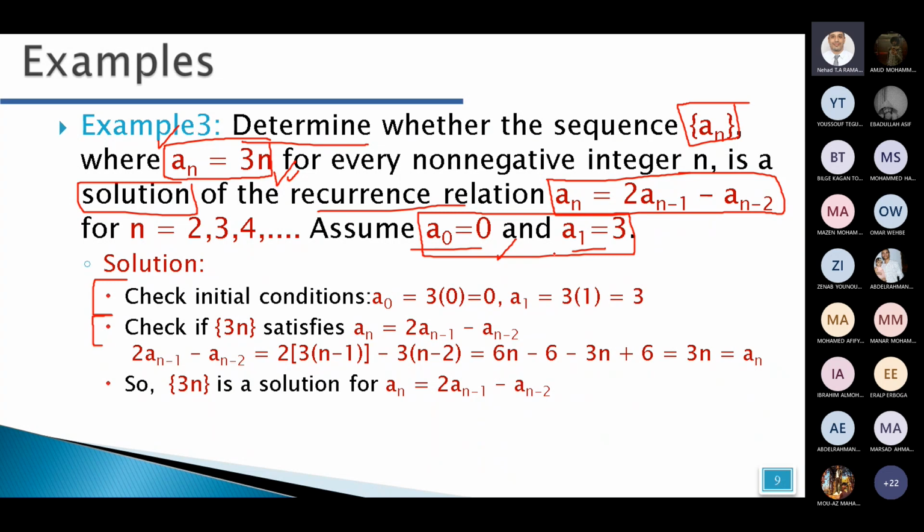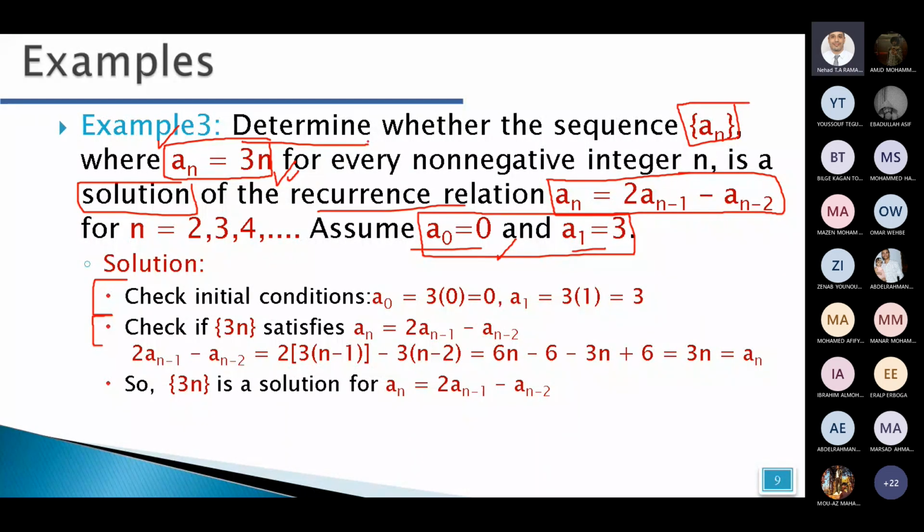If it doesn't satisfy the initial conditions or the initial terms, then it's not correct, and you don't need the next step to check the recurrence relation. But if you start from the recurrence relation, it takes more steps, and at the end you find that the solution is not correct, then you waste your time.